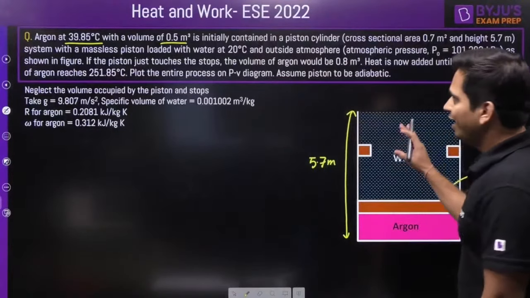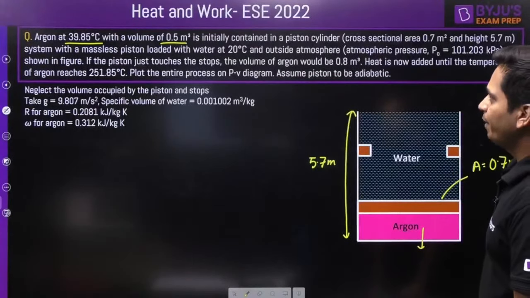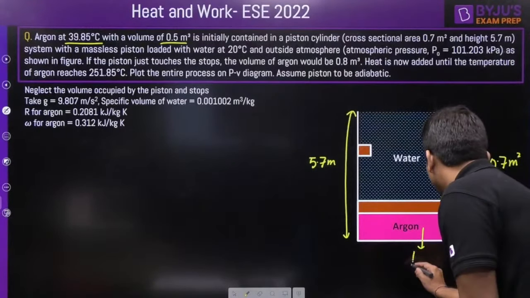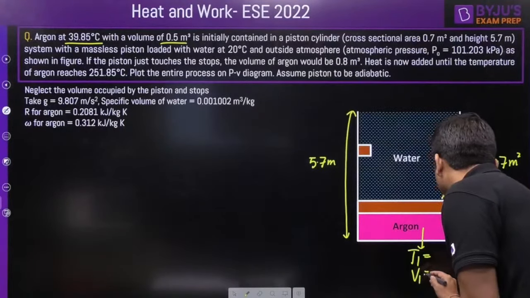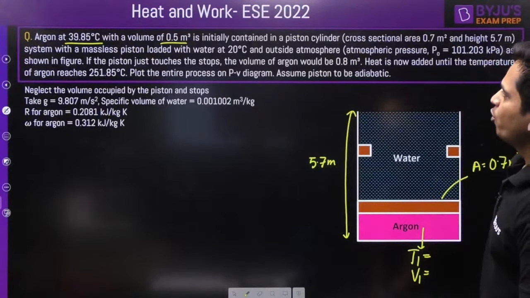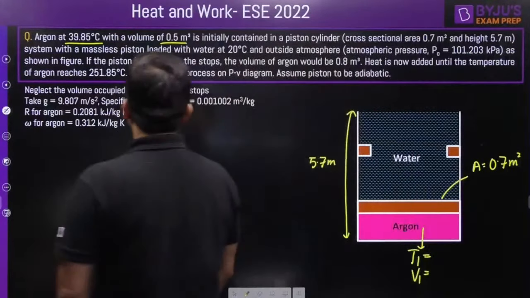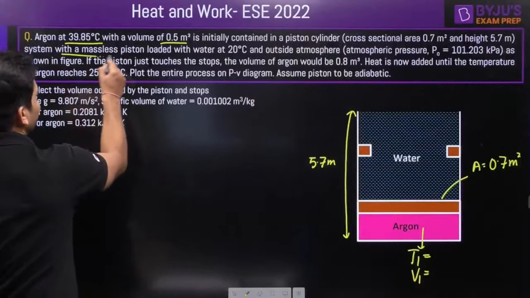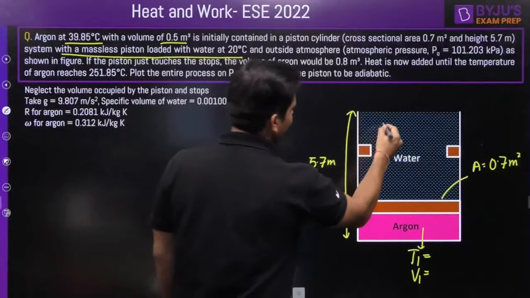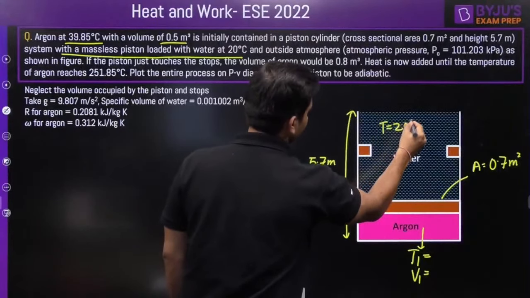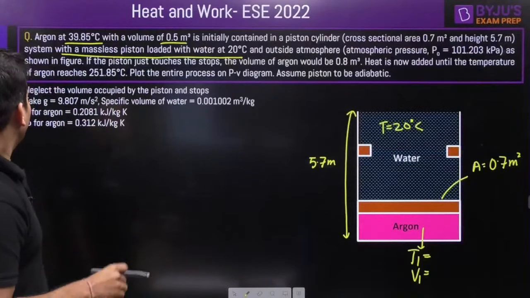And it is contained like this, and here the initial pressure and initial temperature and volume is given. T1 is given and volume 1 is given. Okay, 0.5 meter cube. Now it consists of a massless piston loaded with water at 20 degrees Celsius, and outside atmosphere, as shown in the figure.